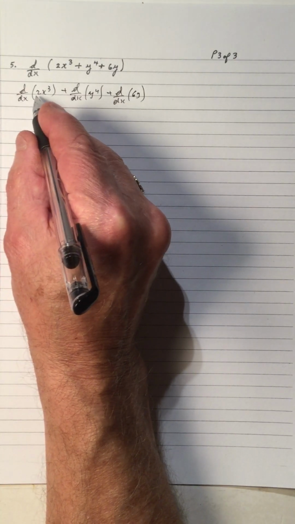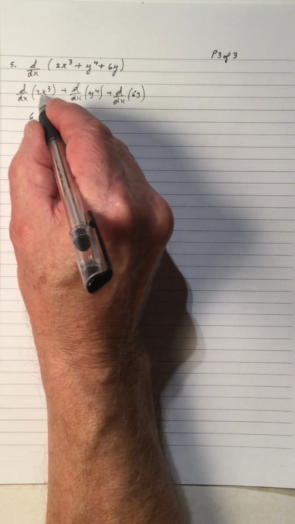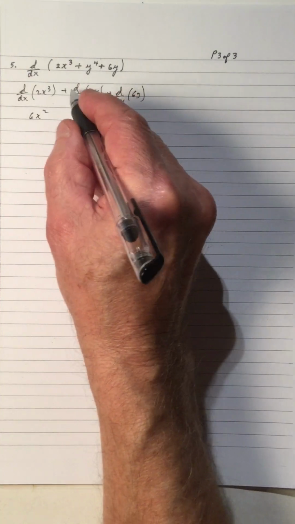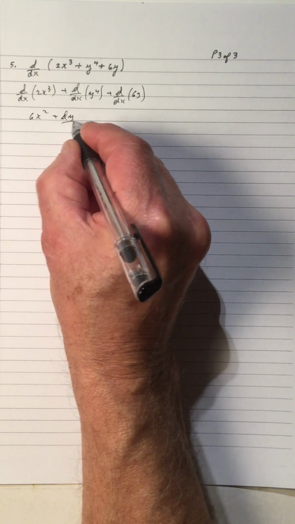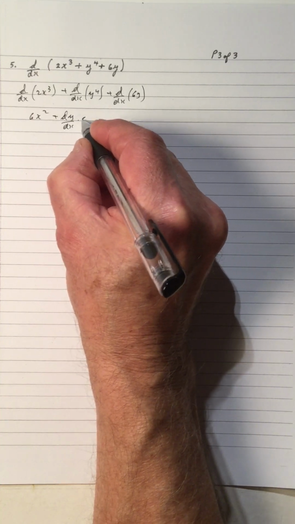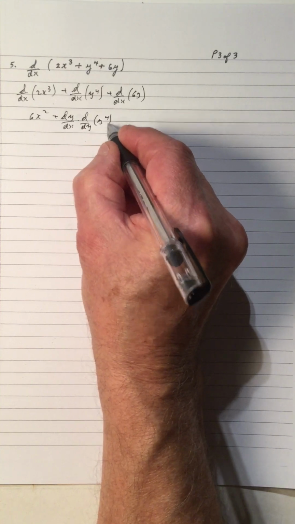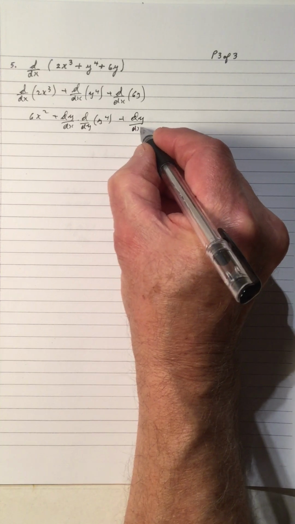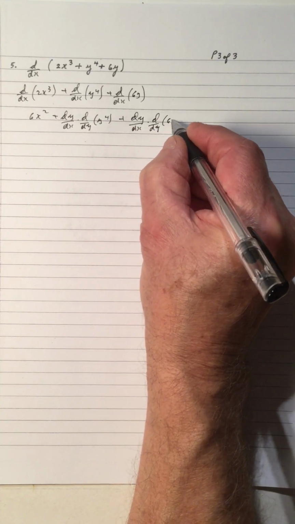And d dx on 2x cubed, so 2 times 3 is 6, and 3 decreases by 1, the power rule. And again, we have a d dx on a y, so that becomes dy dx d dy on y to the 4th, plus dy dx times d dy on 6y.